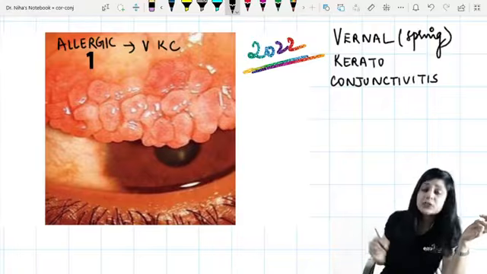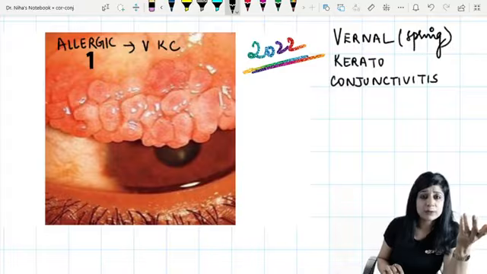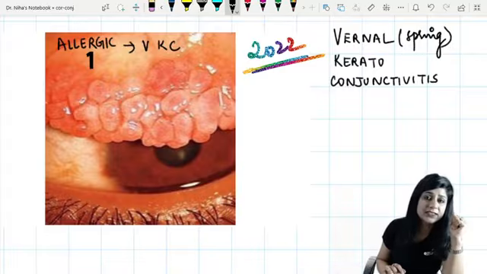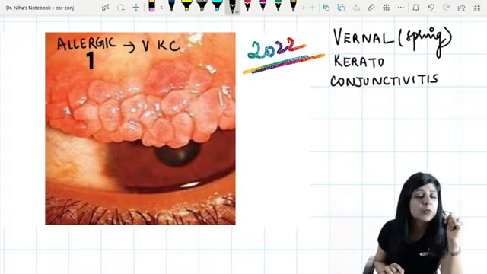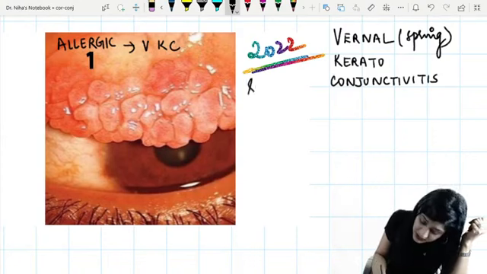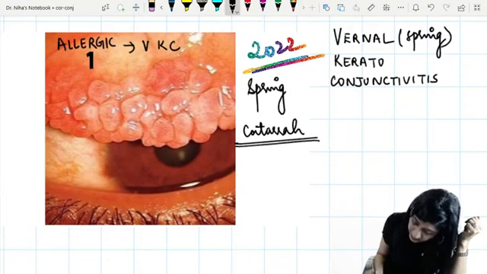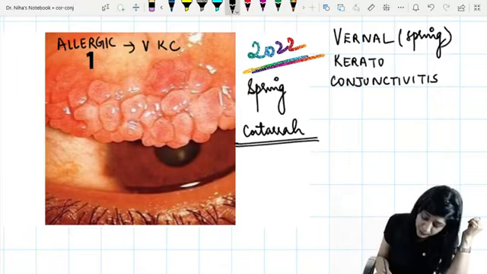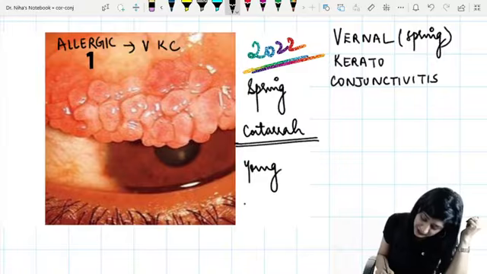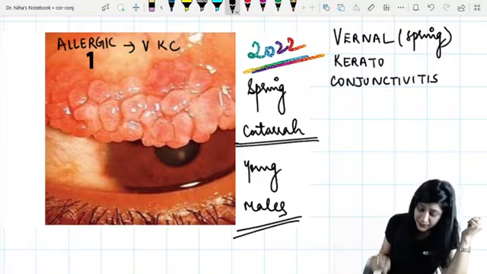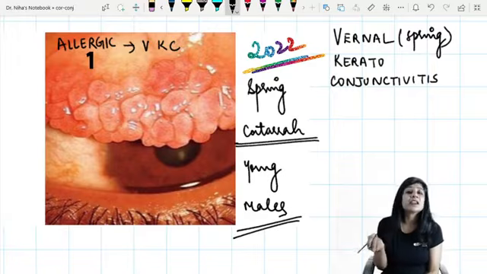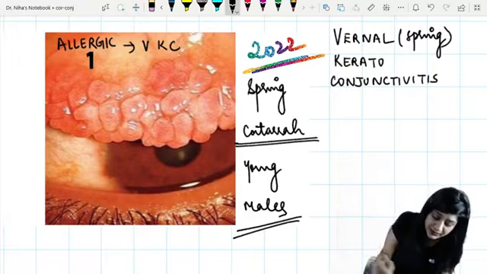Because of a misnomer that it was common in the spring season, it was named vernal keratoconjunctivitis, and they also call it spring catarrh. This is very, very common in young males, and the typical thing you get is itching.